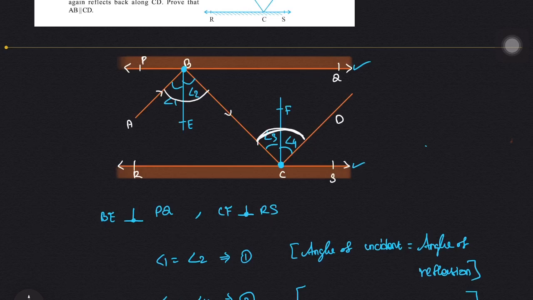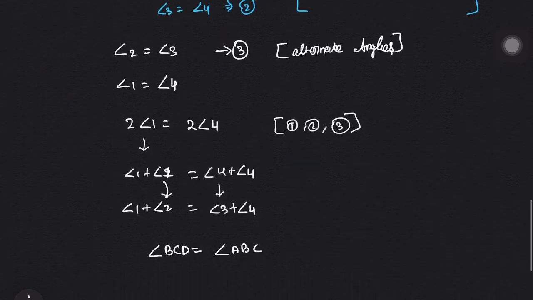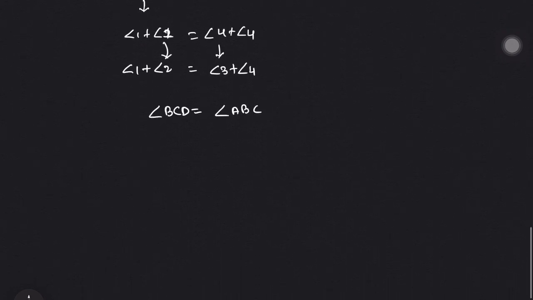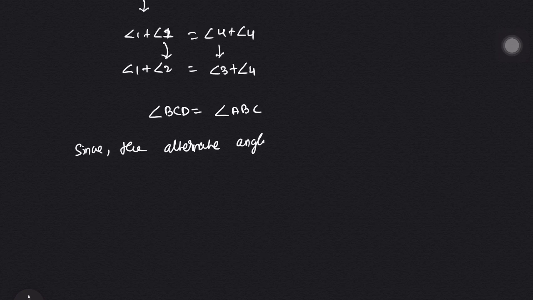Since the alternate angles are equal, it means these two lines are parallel. Statement: since the alternate angles are equal, AB is parallel to CD.